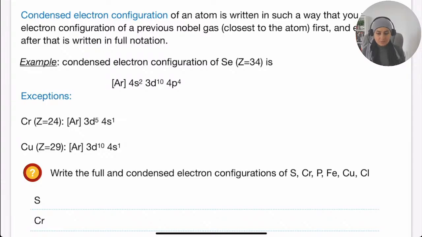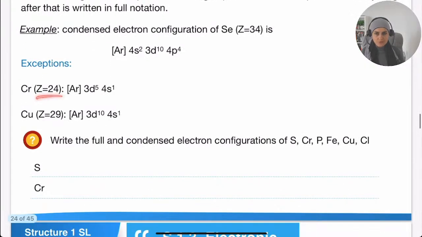Now let's talk about exceptions. For IB, you need to know two exceptions in the filling of the orbitals: chromium and copper. Chromium has atomic number 24, copper has atomic number 29. Let's write the configuration for chromium with 24 electrons. 1s2, 2s2, 2p6.